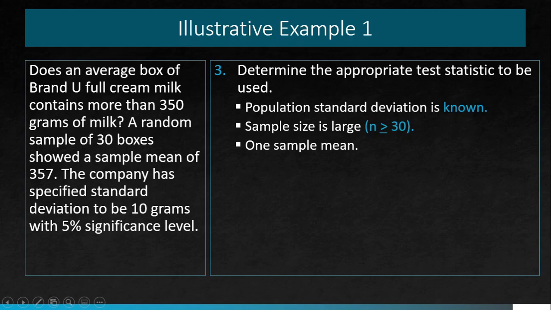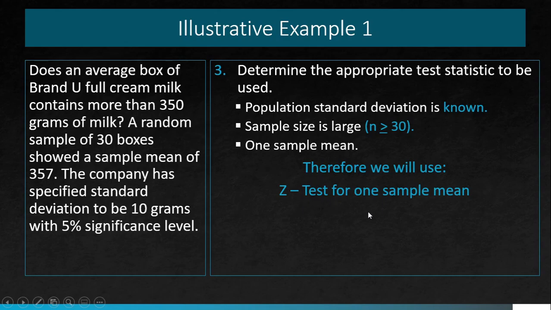And it's a one sample; from the given we only have one sample mean, 357, because again this one, 350, is your population mean, the characteristic expected from all of the boxes, but based on the 30 boxes that we used as our sample, this is our sample mean. So we have one sample mean. Therefore, we'll be using z-test for one sample mean.